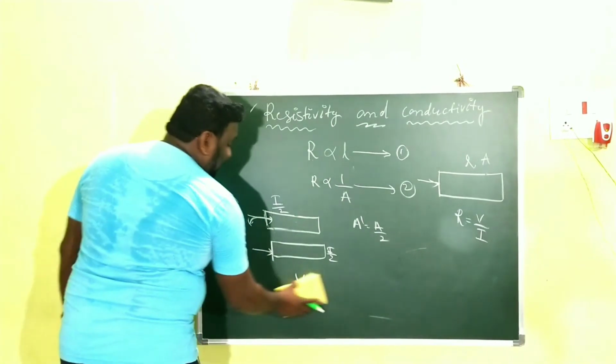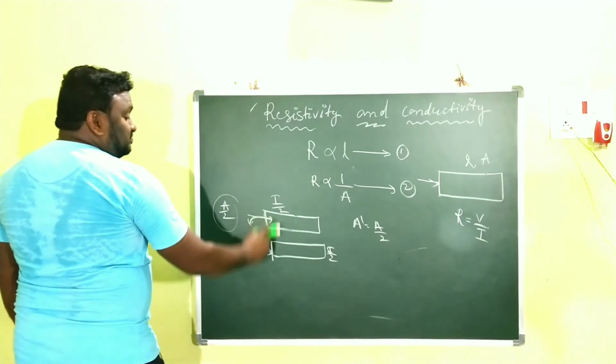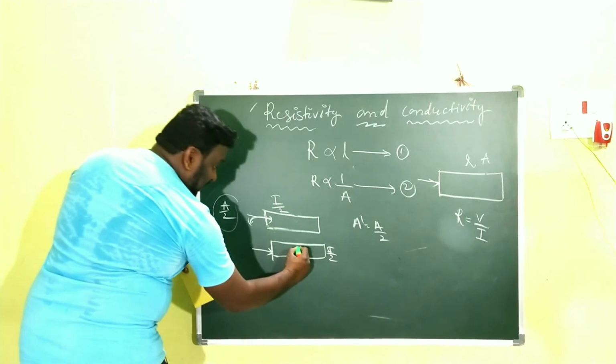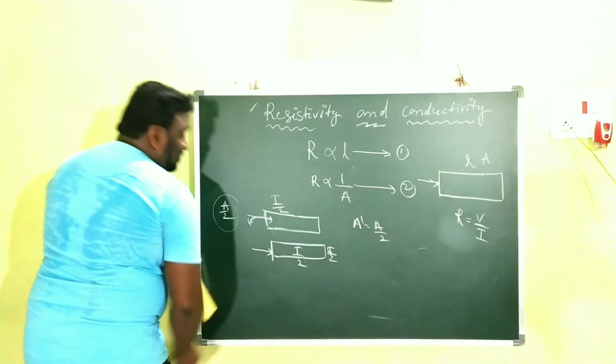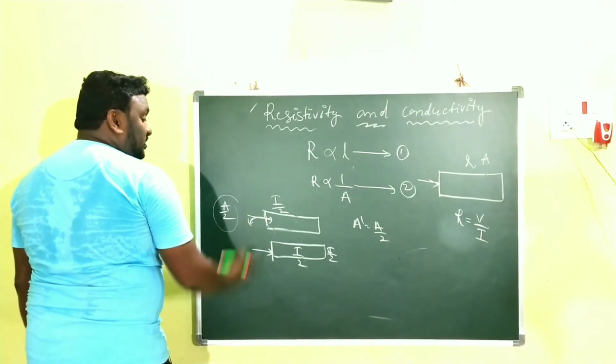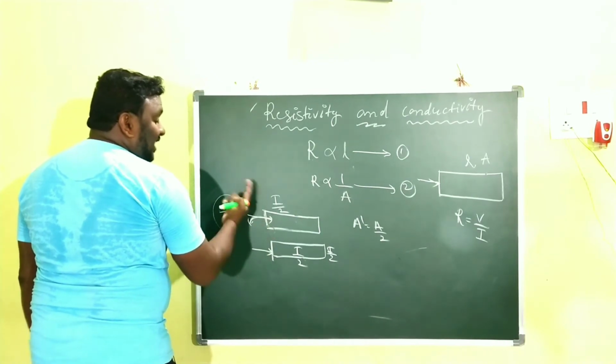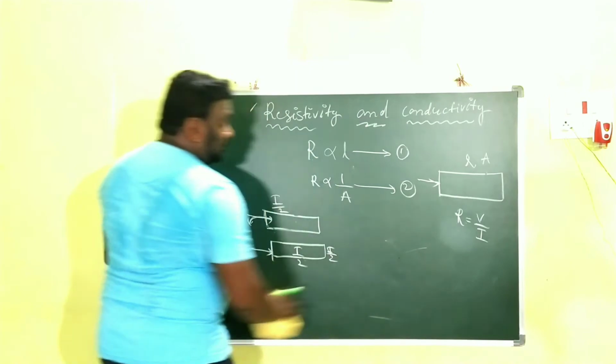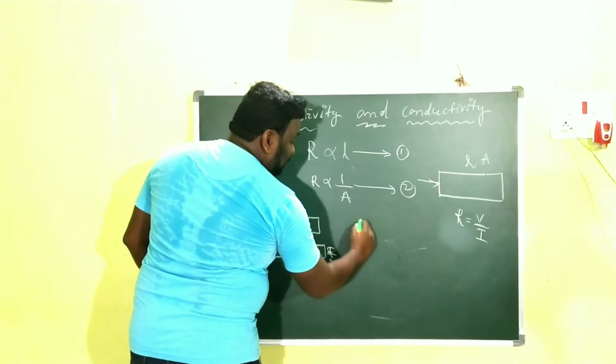Now what I am telling here, the current is passing through two slabs, that's why in two paths. The amount of current that passes through every slab is I by 2. So now we have to substitute here. R dash is equal to what?